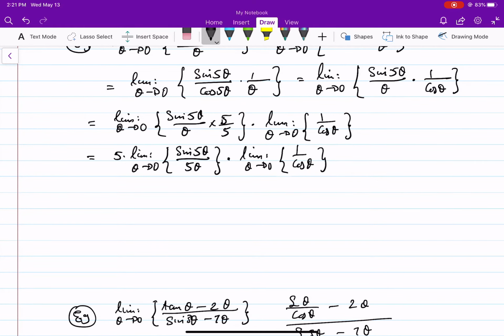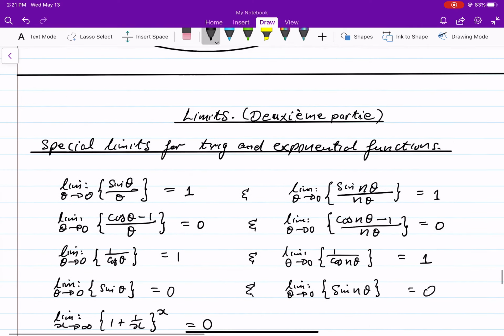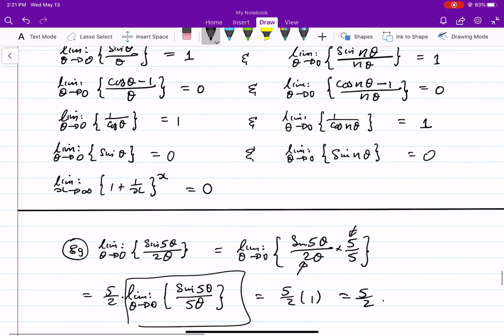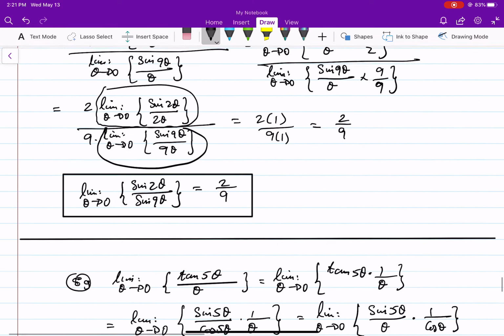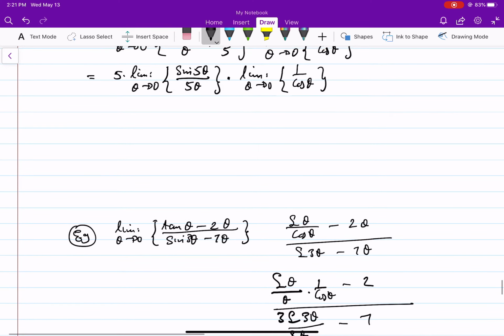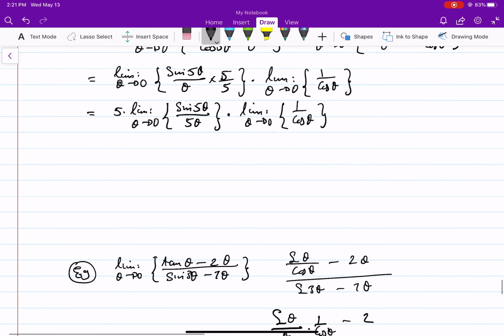And according to the rules from above, let me double check myself. Sine n theta over n theta gives me 1, and the limit as theta approaches 0 of 1 upon cos theta is also 1. So what do we have? This becomes 5 times 1 times 1. This whole portion is 1, this whole portion there is 1 as well. What's the result there? 5.